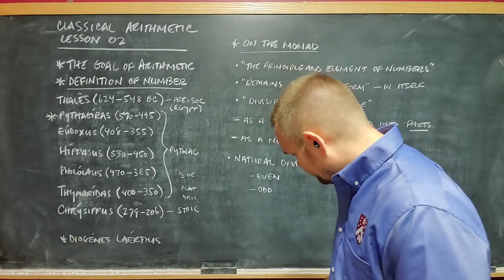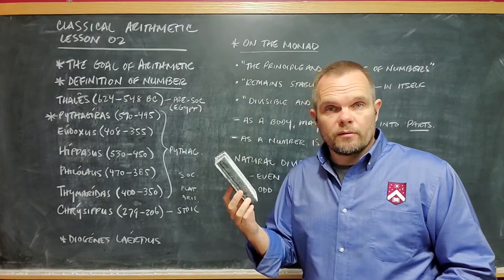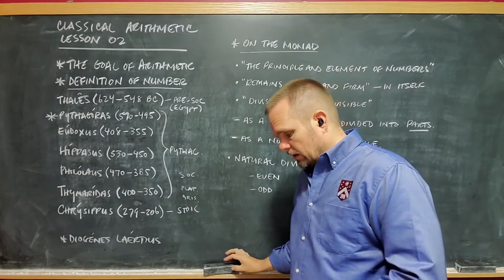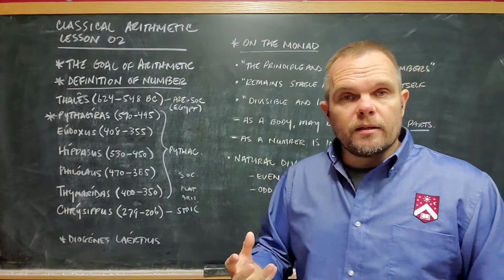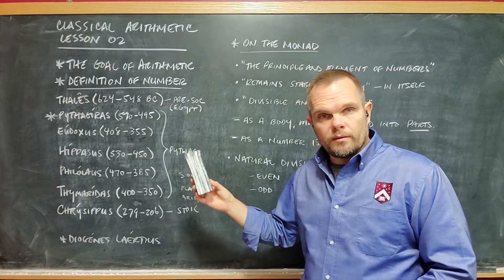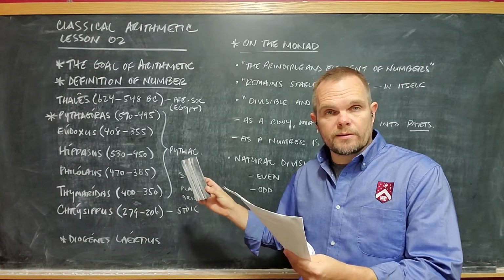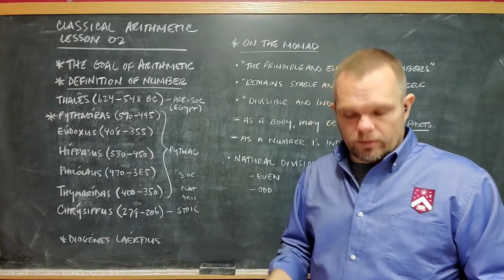So if I said, this is one eraser, one paper, that idea that allows us to call this one and this one, what they have in common as one, is the definition of the monad, or one.